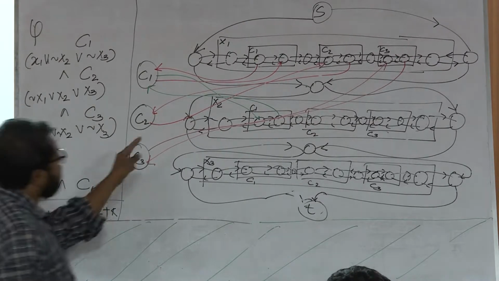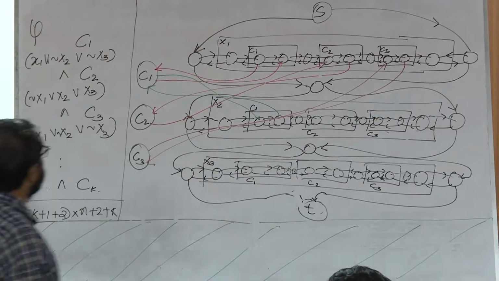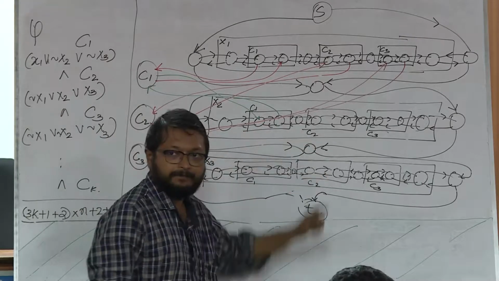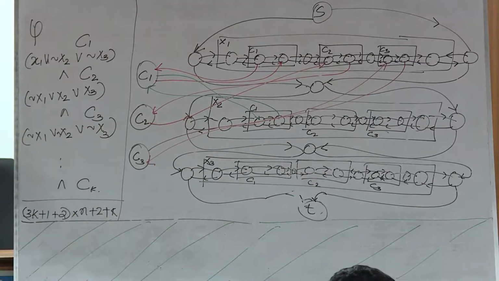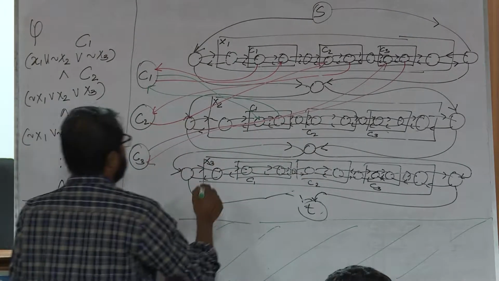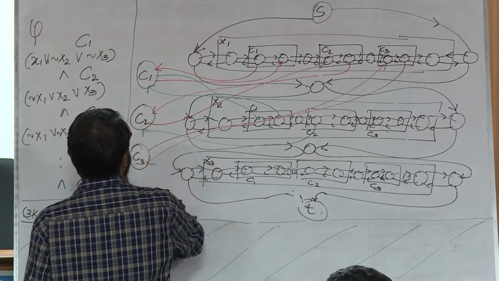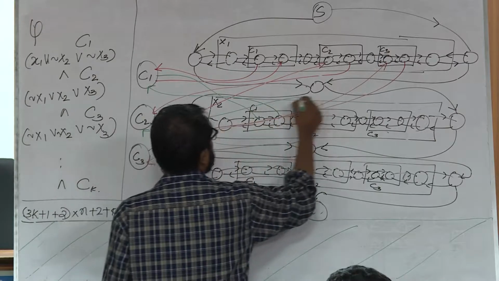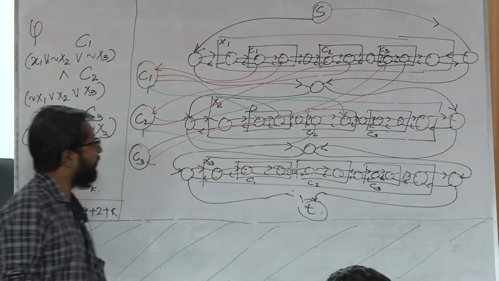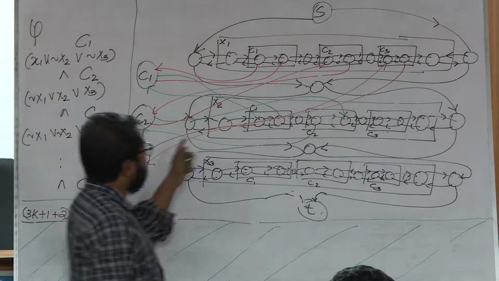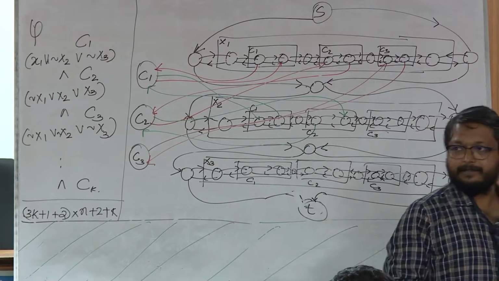Let us look at x2 C2. What is the form? Positive, right? x2 appears in positive form in C2. Therefore, I put, yeah, from the left of this, I put an edge to C2 and this way, all right.